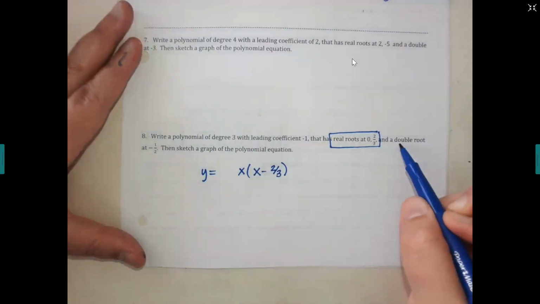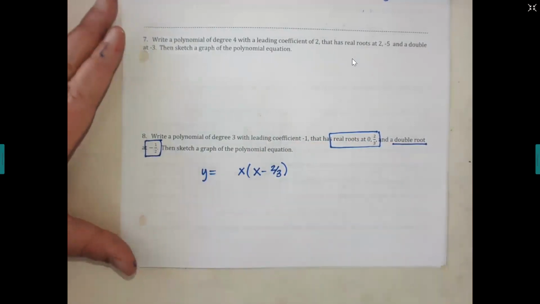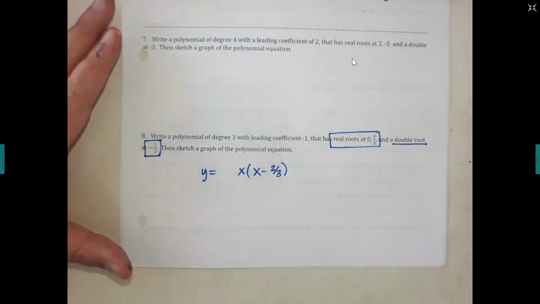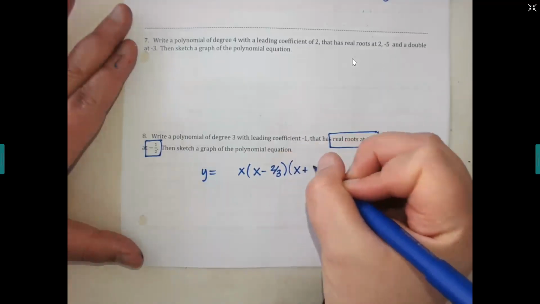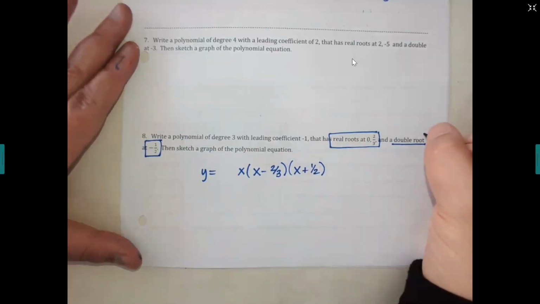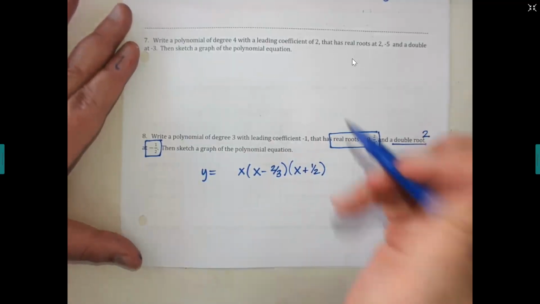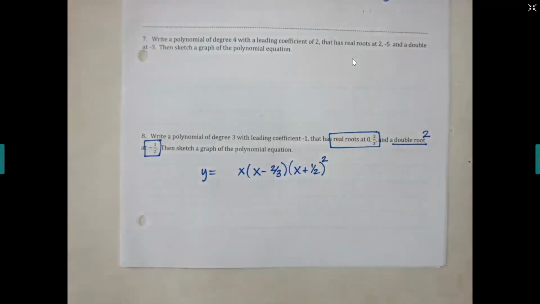Then I want a double root at minus a half. But if it's gonna happen at minus a half, what does the parentheses need to say? Plus a half. Very good. And then because it's a double root, we're gonna have to put a squared on it. Okay, very good. Now, before we keep going, we can't leave those as fractions.